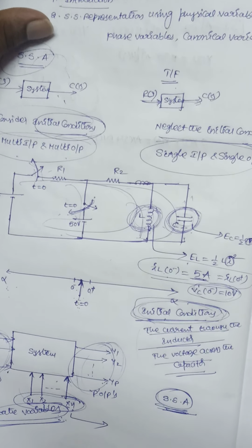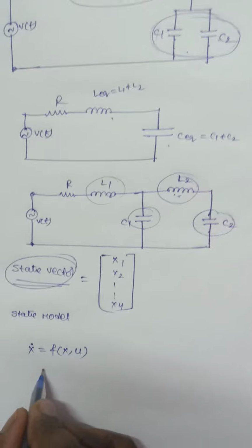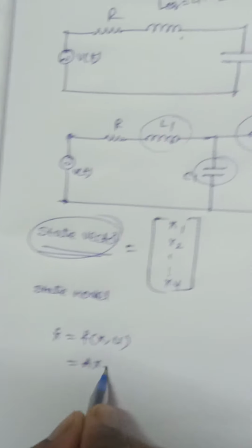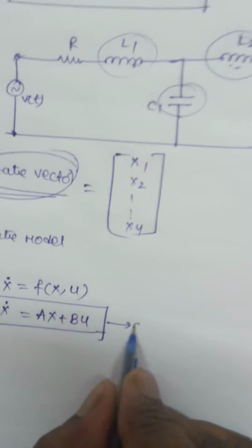That means x dot is a function of previous states and the inputs. Now this x dot can be written as x dot is equal to Ax plus Bu. It is nothing but the state equation.